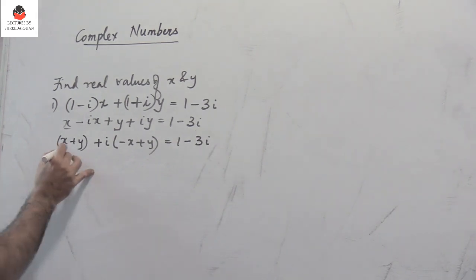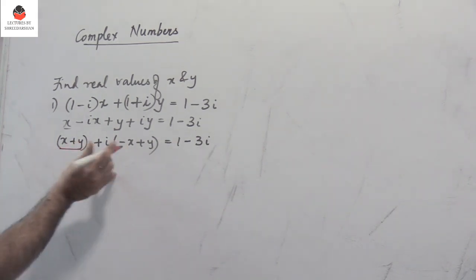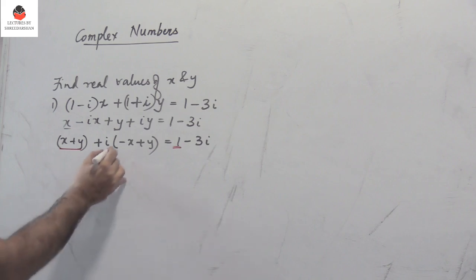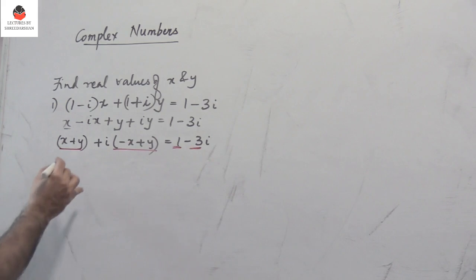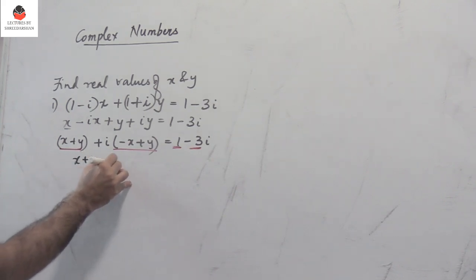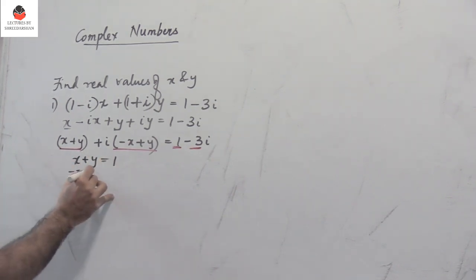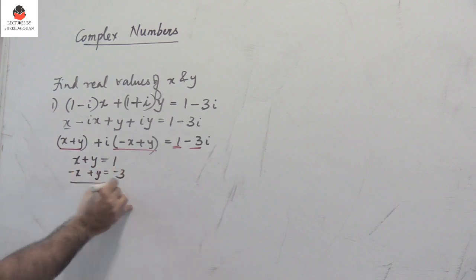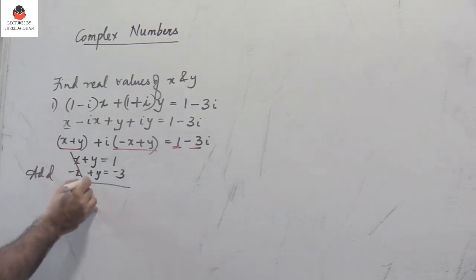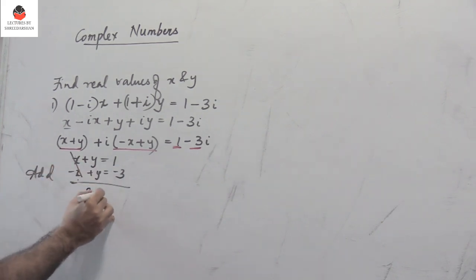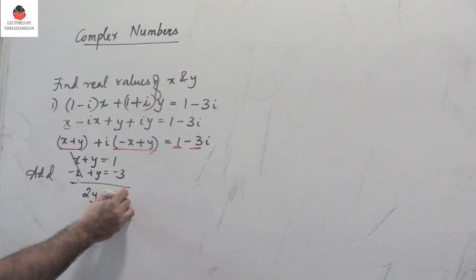So now let me equate the corresponding parts. x + y should be equal to 1 and -x + y should be equal to -3. So we have two equations, let me add them. x gets cancelled, y + y is 2y equals 1 - 3, which is -2.